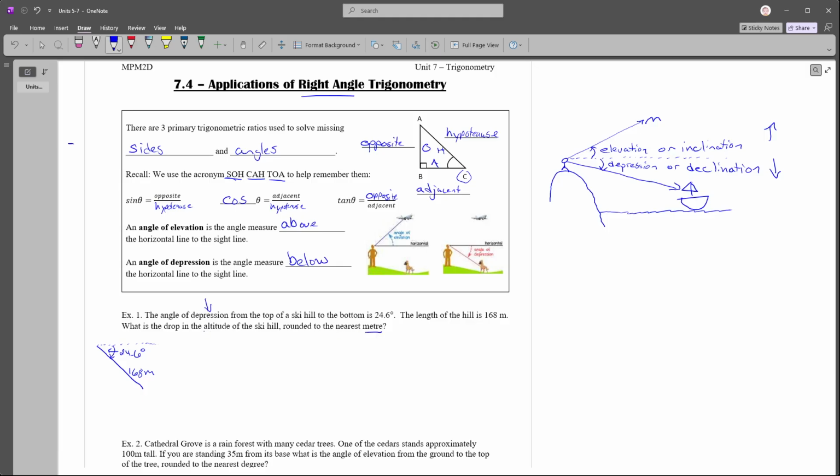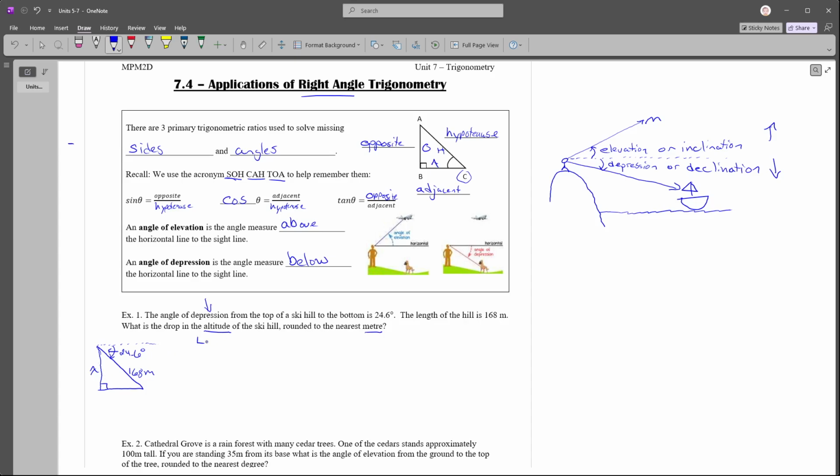First of all, what do we mean by altitude? Altitude is just a fancy way of saying how high something is. So basically we're asking how high is the hill. If I dropped a straight line down the hill, and we drew it out like this, we're asking what is this value over here? We can see that that's a right angle.